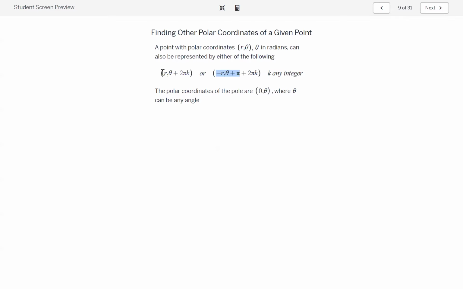So when I'm looking at a positive setup, if I want to change the sign of the radius, I have to add pi to the angle. And then I have my alternate way of writing the point, and then I can add or subtract any coterminal angle to get equivalent points as well.